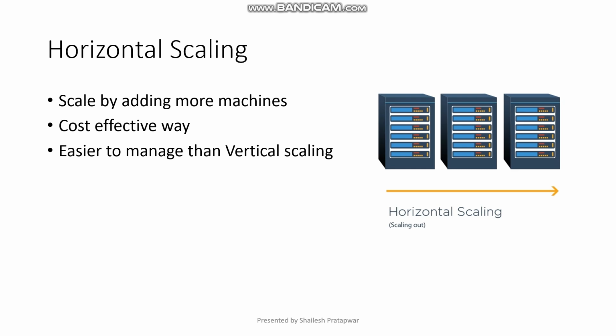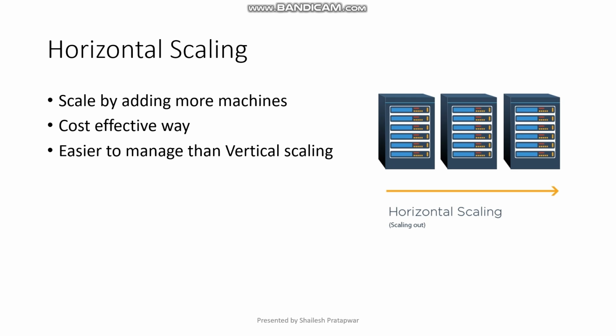This is a cost-effective way as compared to vertical scaling, the other type of scaling that we are going to see. It is cost-effective because we are just adding more machines of similar configuration. These machines have a very low configuration.